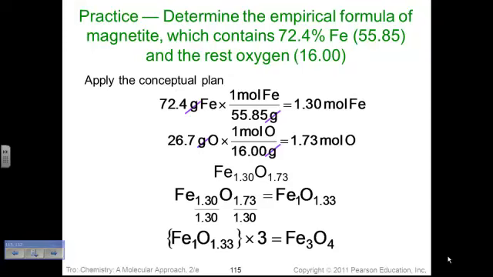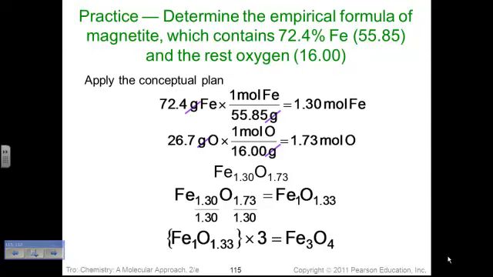Well, that represents a third, doesn't it? 0.3 repeating is the fraction 1 over 3. That tells us to get rid of 1 over 3, we triple it. Tripling gives us a formula of Fe3O4. Did you find that when you practiced? Boy, I hope so.